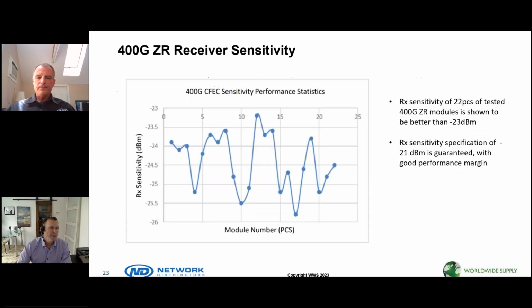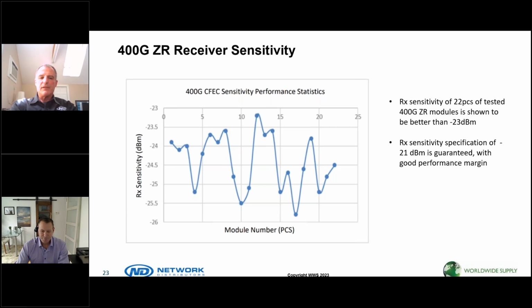We want to show a little bit about what the receiver sensitivity shows. Why did I choose this? One of the reasons you question distances is what kind of output power can you get, or what kind of receiver sensitivity do you have? According to the standards, OIF for ZR or Open ZR Plus for ZR Plus products, two different standards that drive them both, they have minimal acceptable performance out of the receiver and transmitter.